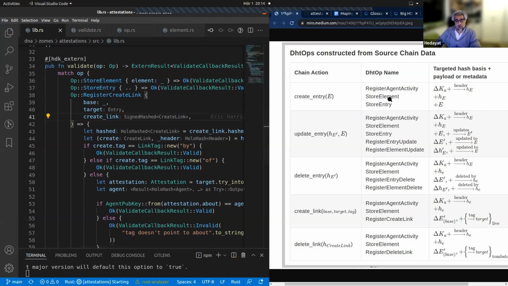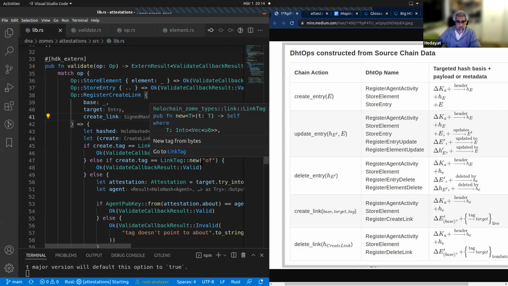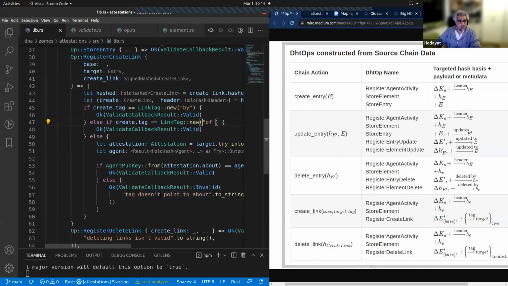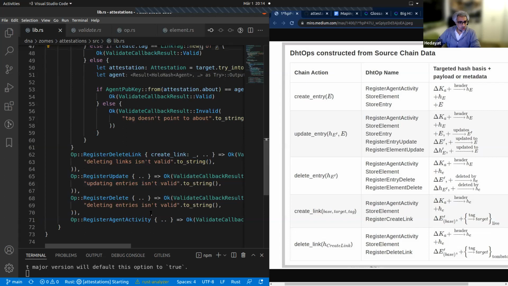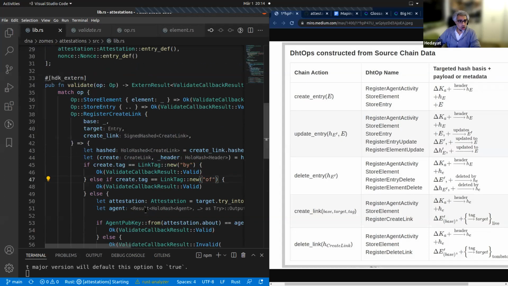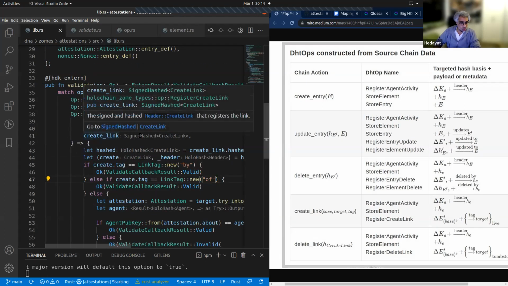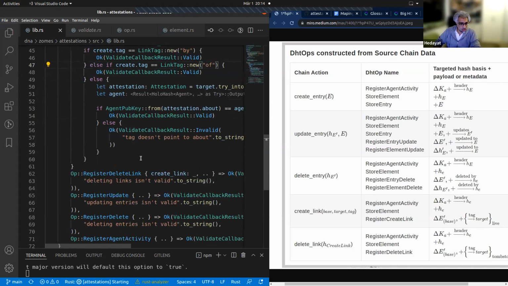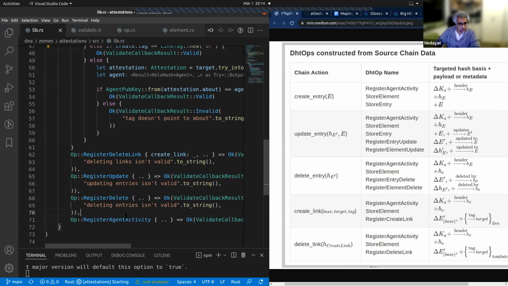We know an element is the combination of a header and entry. Then I would like to go to register agent activity. This function is going to be called once on a create entry with the register agent activity. I would like to see what's happening there and why we need to do that. Is there any example, or is there anything we can talk about regarding register agent activity here?